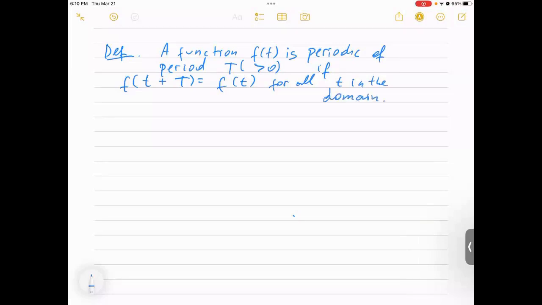In particular, we'll be considering the so-called square wave function.